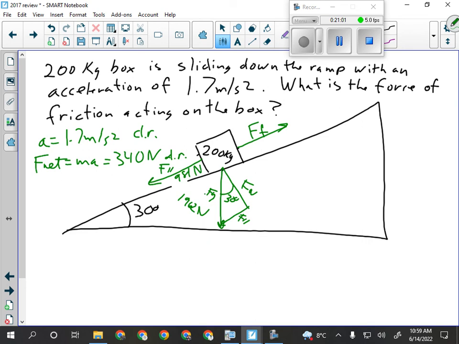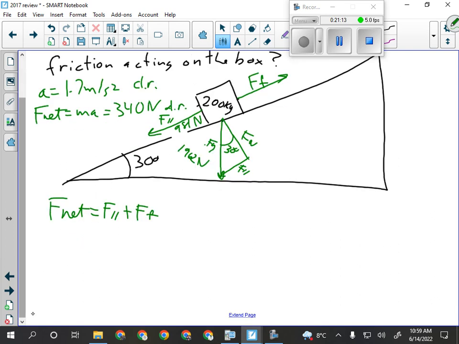Then we are going to use that and the sum of all forces. If I want to calculate the force of friction, I'm going to take F net and subtract F parallel, so I'll have 340 newtons down the ramp minus 981 newtons down the ramp, and that's going to give me a negative number, which is good because negative is up the ramp, which is the direction of the force of friction.